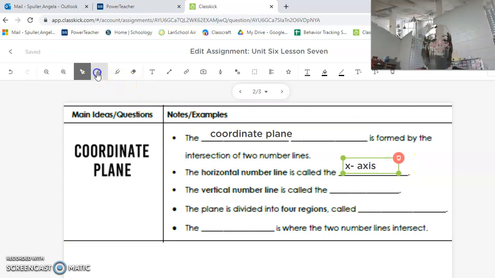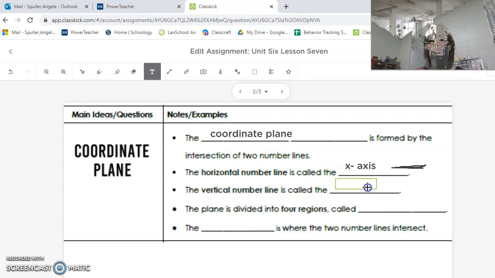Horizontal is the one that goes side to side, just like that, okay? And the vertical line is called the y-axis, and it is the one that goes up and down, up and down.